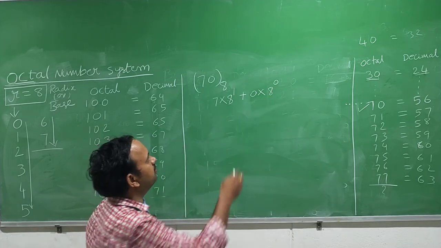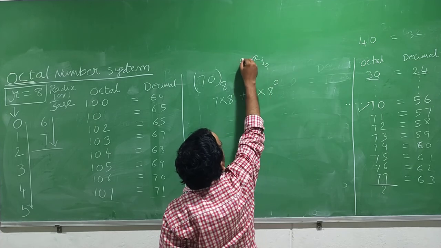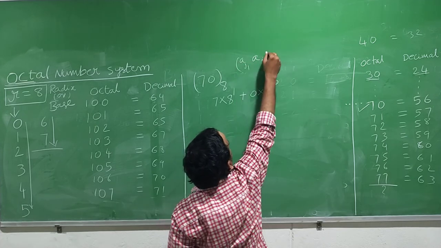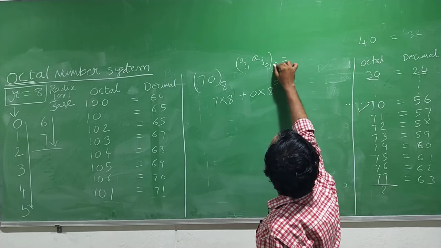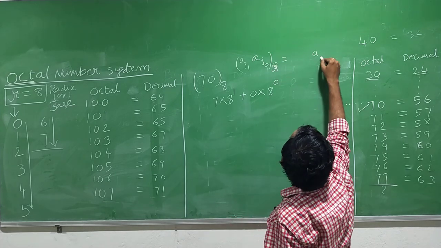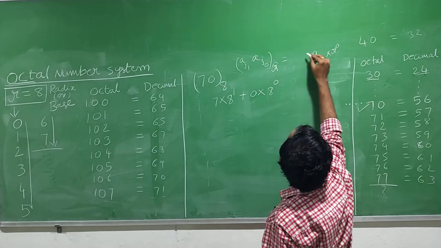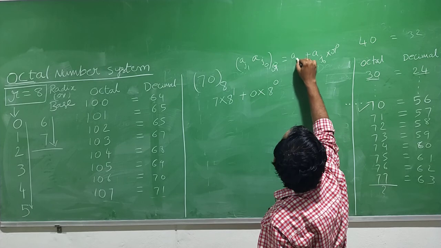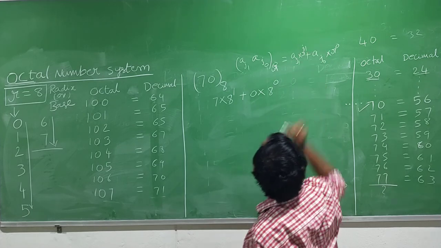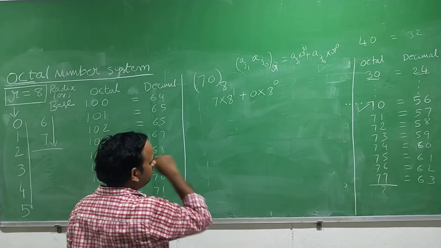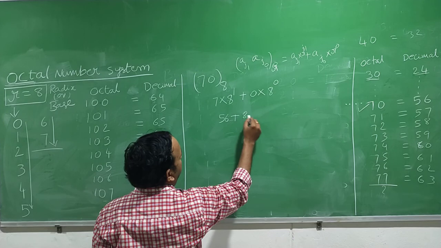We know the general formula, right? For the sake of simplicity, I will write it one more time: A0, A1, like this. You have any number in a particular radix system, and the particular radix is R. How will you write it? A0 into R power the position of this number, which is 0, and A1 into R power its position, which is 1, like that. So this is equivalent to 56, and this is 8.